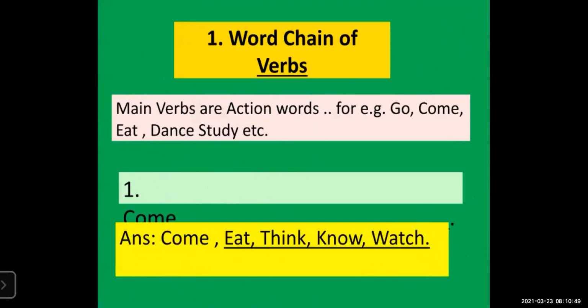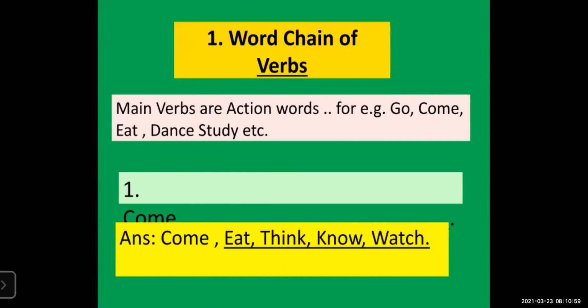Now, the important thing is that plainly, the question will be given as "Complete the word chain of the following." Rarely it is given like this. Sometimes the word chain is asked for a particular word type: complete the word chain of verbs, complete the word chain of nouns, or complete the word chain of adjectives.